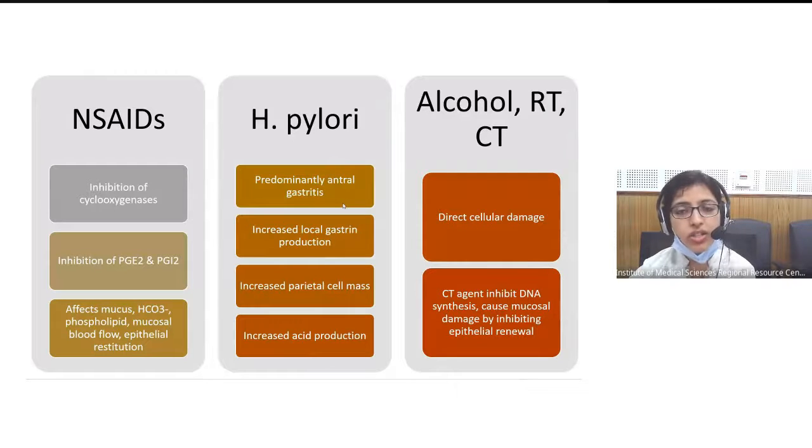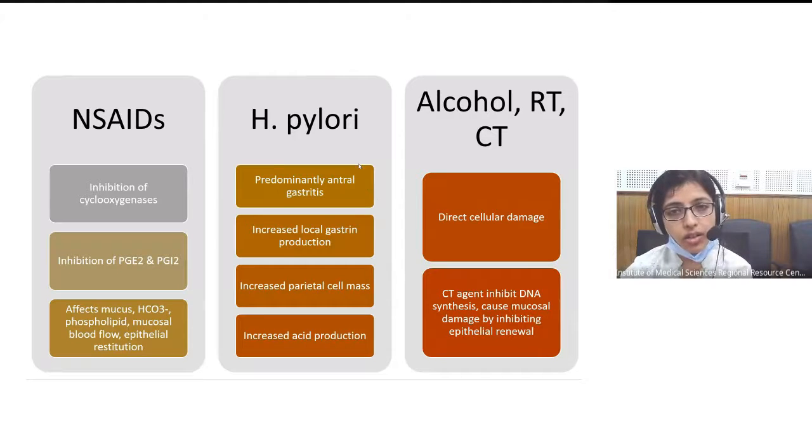So in these patients, they develop atrophic gastritis, and then subsequently they undergo intestinal metaplasia, which is a risk factor for development of gastric adenocarcinoma. There is metaplasia followed by dysplasia, and then the mucosa undergoes carcinogenesis, and the patient may develop gastric adenocarcinoma. So Helicobacter pylori is a carcinogenic agent as well, and there is an inverse relationship.